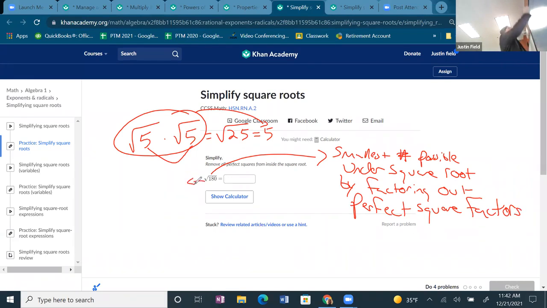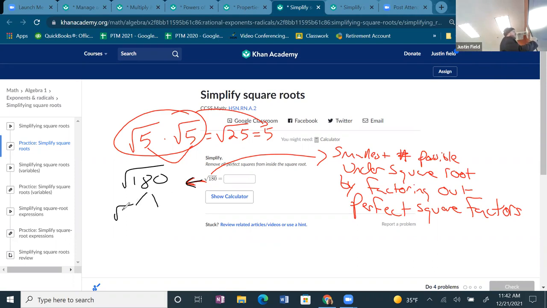And let's change the colors. All right, so right here, we're going to take 180, the square root of 180, and we're going to break it down. So what two numbers multiply to 180? There's some different choices, but it ends in 0, so I'm thinking 10, 18.